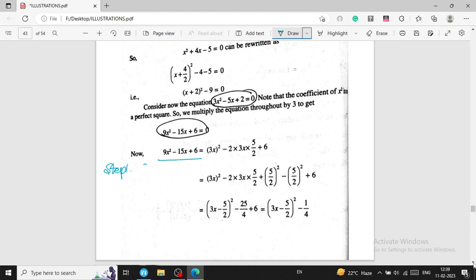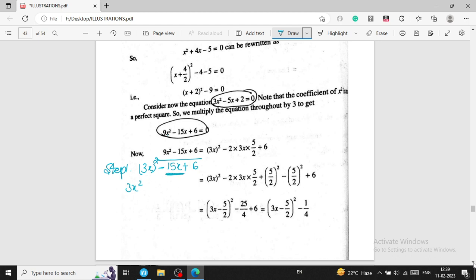Make the factors. (3x) whole square minus 15x plus 6. Now think which factors will be taken here.